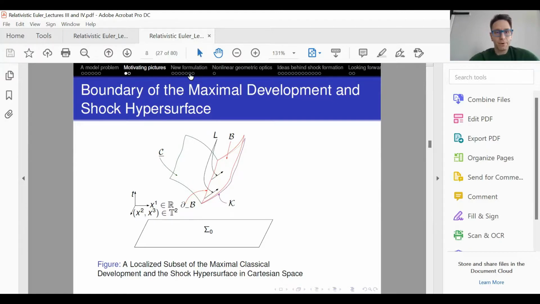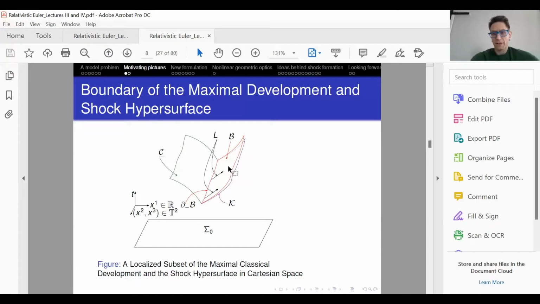In this framework, the singularity is a spacetime codimension 2 submanifold, which we are calling the crease. This is an analog of the cusp from plane symmetry. And this red surface called B is basically the set of points in the maximal development where something is blowing up. The first derivatives of the fluid blow up because of a shock.